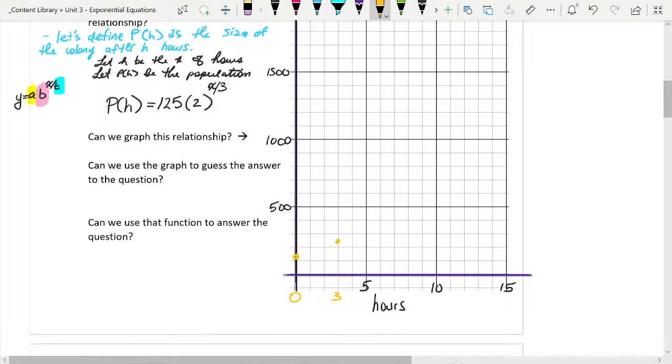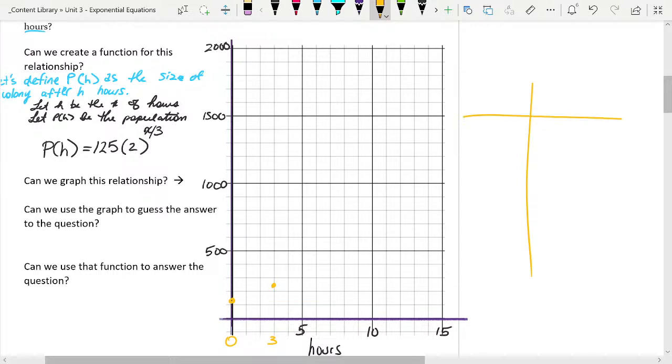Let's go through that. Here's our x value, which is hours, our h value, and our y value is population. At 0 hours, it's 125. How long does it take to double? 3 hours. So at 3 hours, what's that doubled? 250. Good.